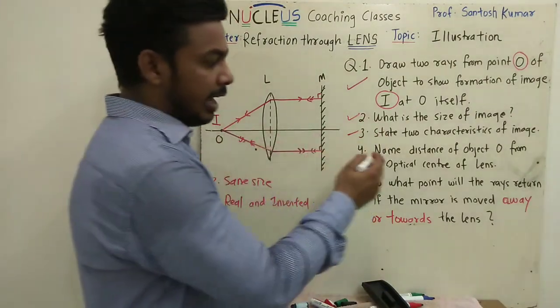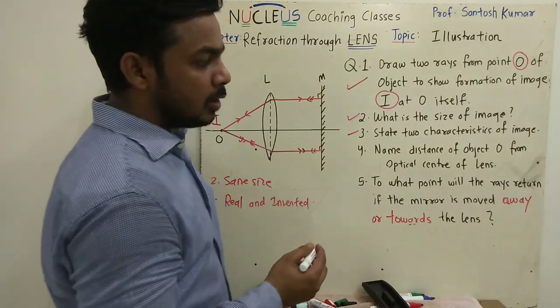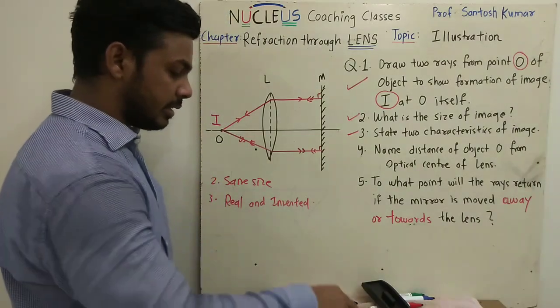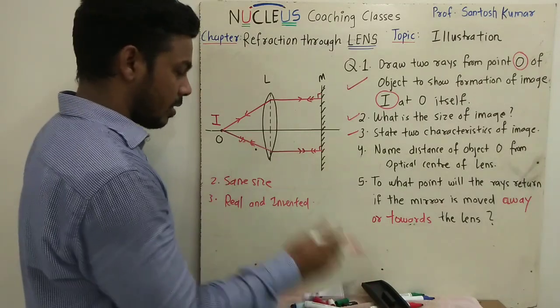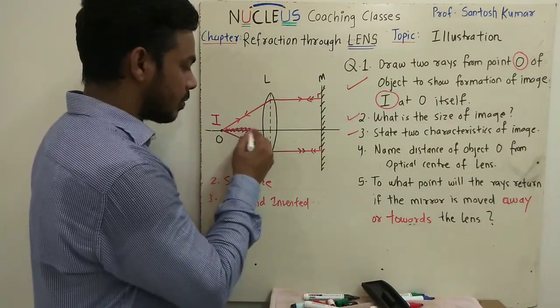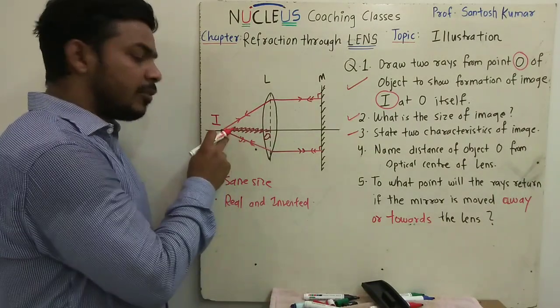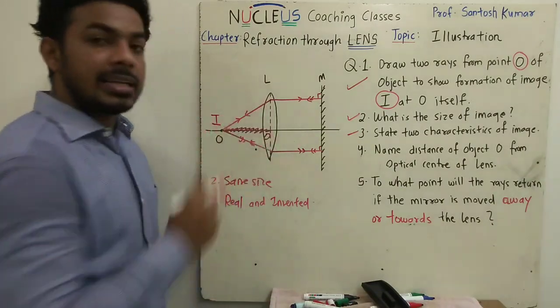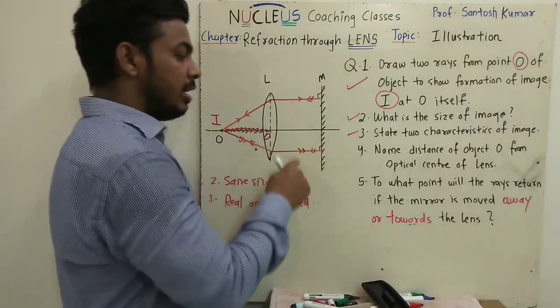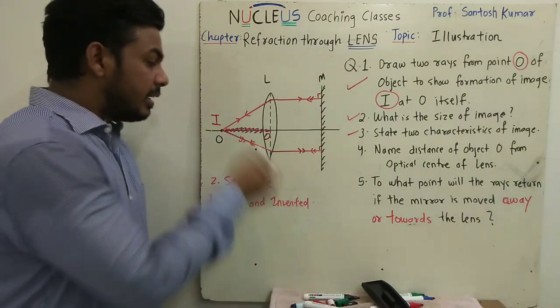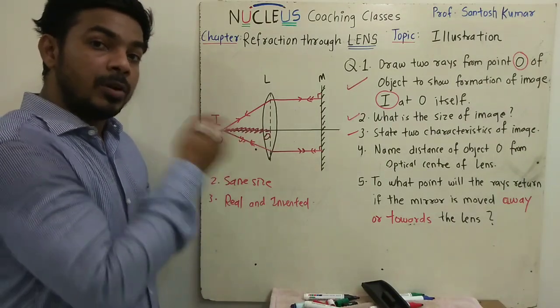Now we have to name the distance of the object O from the optical center of the lens. That means they are talking about this distance. So from the definition, if any rays coming from an object after refraction through a convex lens travel parallel to the principal axis, then definitely the rays are coming from the principal focus.